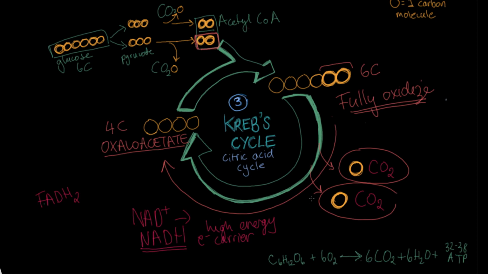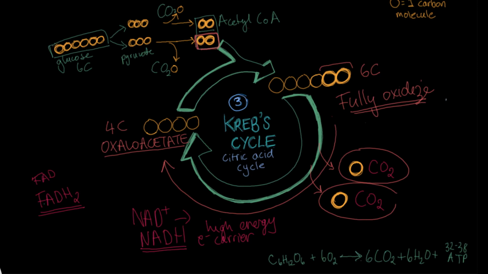So what we've done is we've taken the electrons from this molecule of acetyl-CoA and we've put those electrons onto FAD and NAD plus to make these high energy electron carriers, which we're going to use now to make ATP in the final step.